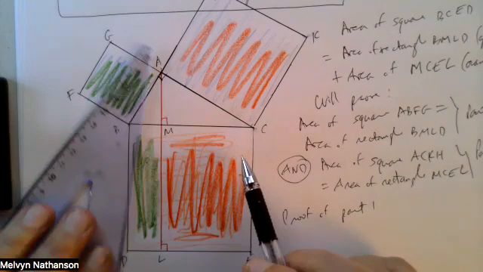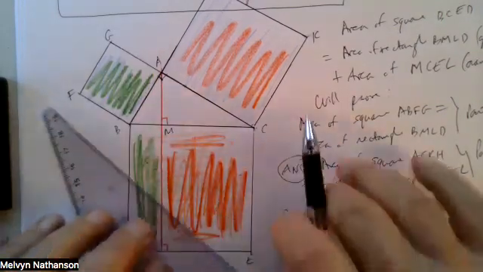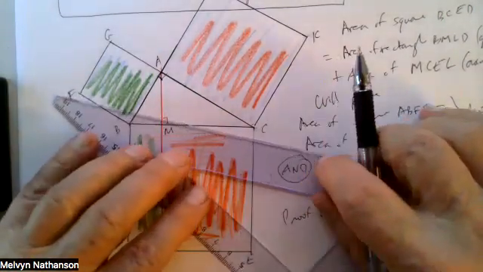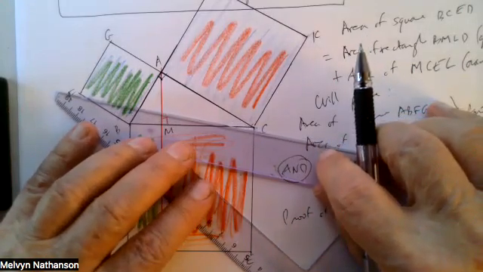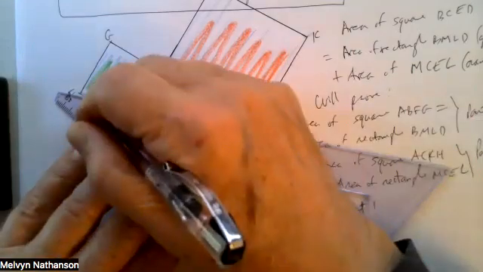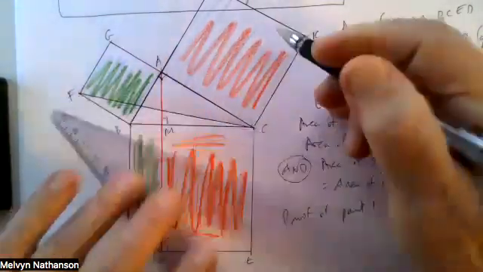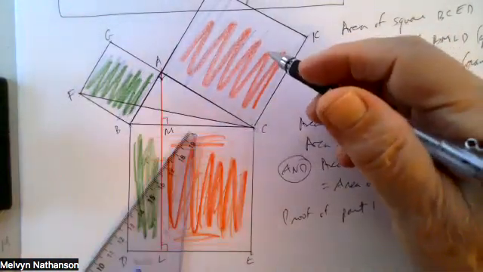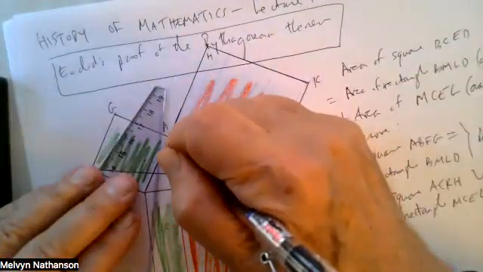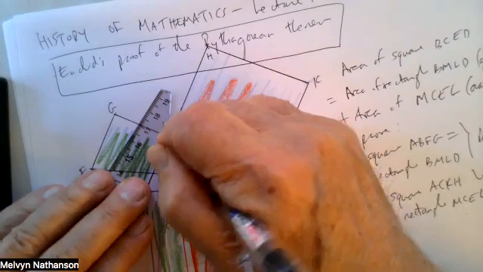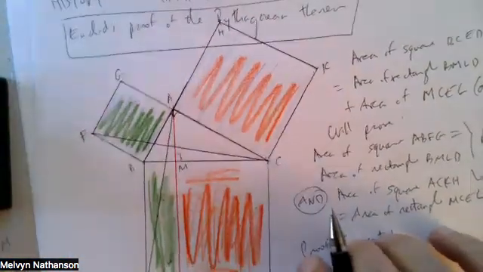So we draw two more lines. We draw the line from C to F, and we draw the line from A to D. Okay.